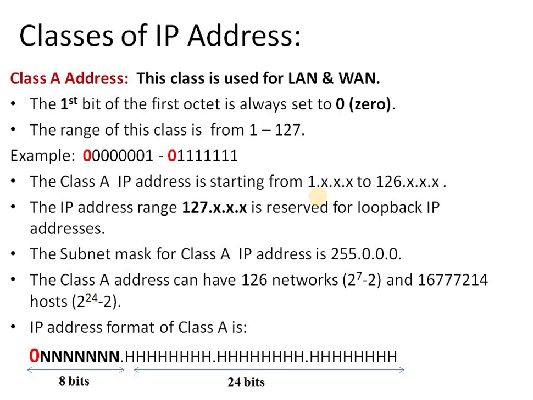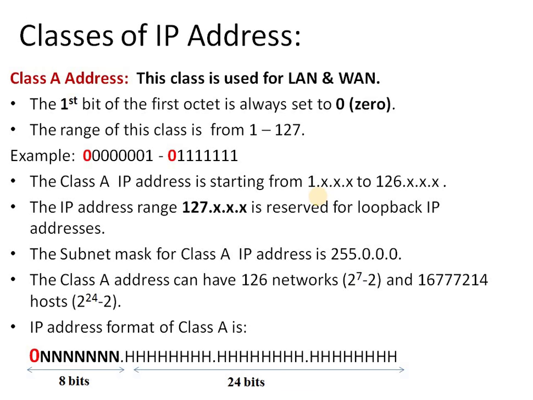Now the subnet mask for a class A IP address is 255.0.0.0. That is the decimal notation, by which we assign each subnet mask. We will see it in the next slide. The class A address can have 126 networks.